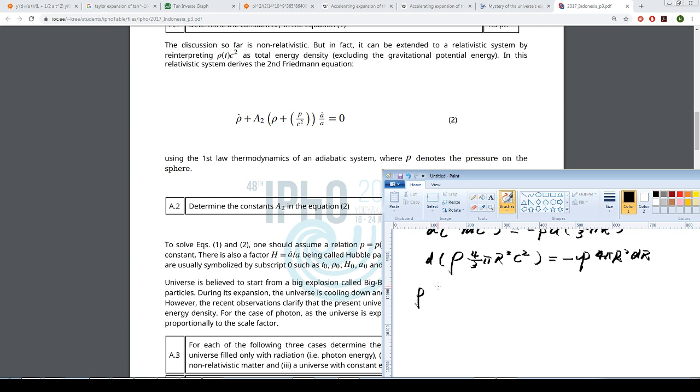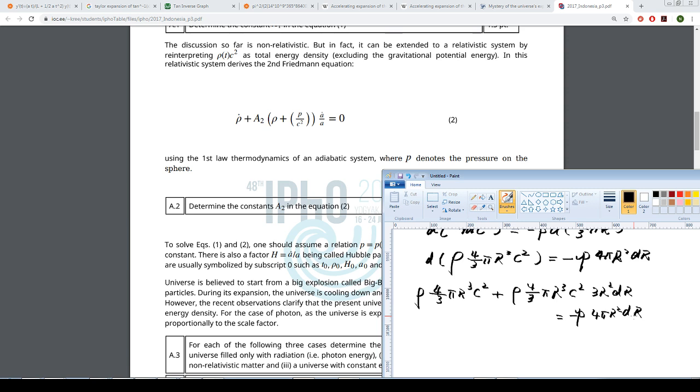Rho times 4 over 3 pi r cubed c squared plus rho times 4 over 3 pi r cubed c squared times 3r squared dr. All that equals negative P 4 pi r squared dr.